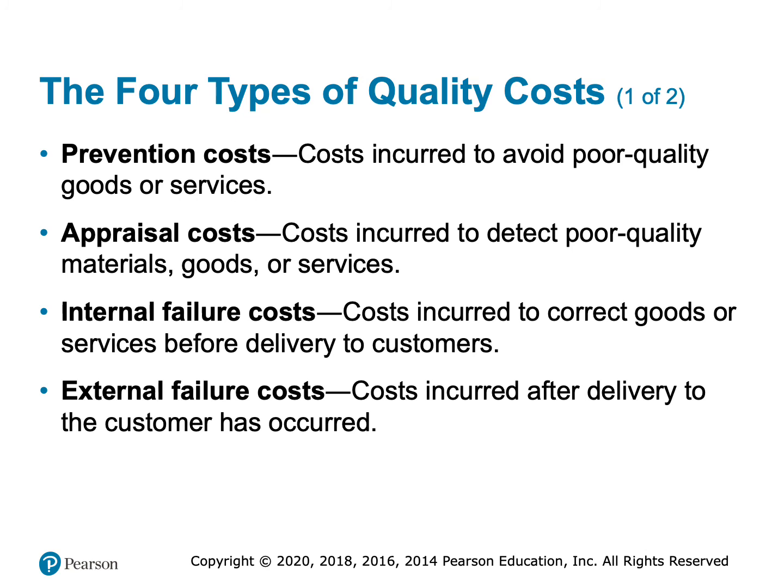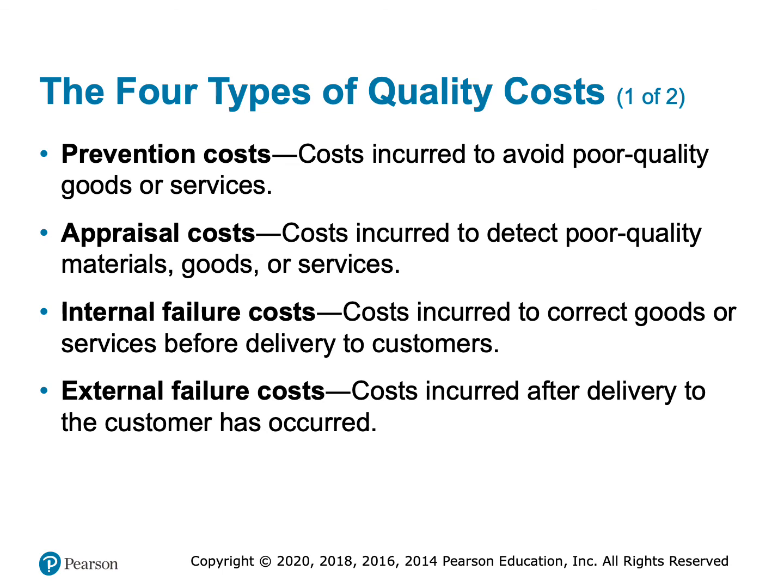This is a warranty cost. This could be litigation and lawsuits if we get sued. This is lost future sales because now you have an unhappy customer who's not going to buy your product again and who's potentially going to tell all of their friends and their social media not to buy your product. This is very, very expensive. So we want to avoid the external cost, if at all possible.